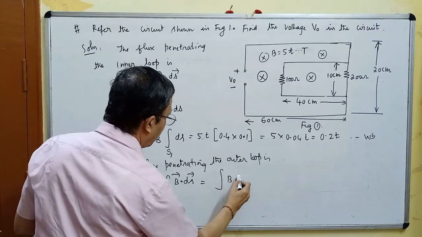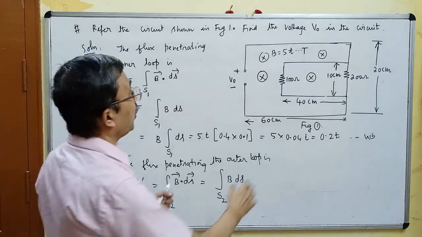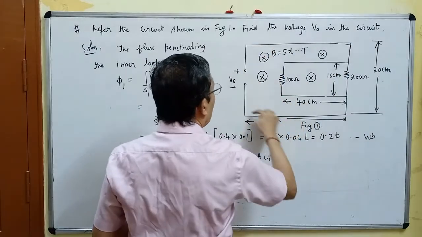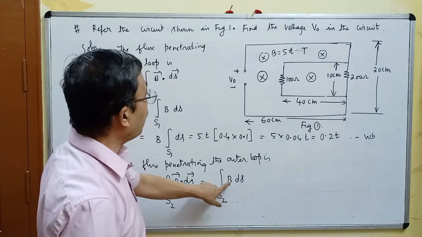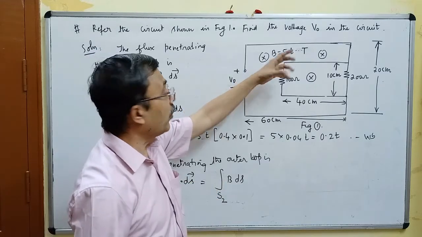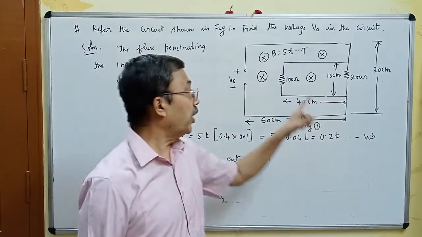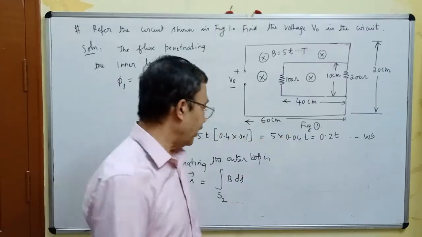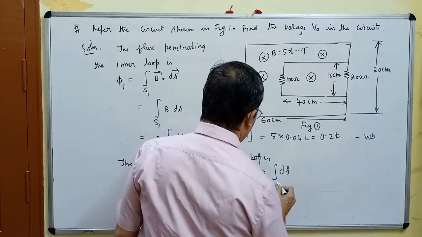So it becomes B into ds over the surface S2. Here S2 refers to the surface bounded by the outer loop. B can be taken out of this surface integration because B is a pure function of t only. In other words, it is independent of the space coordinates x, y and z. So this becomes B into surface integral ds.